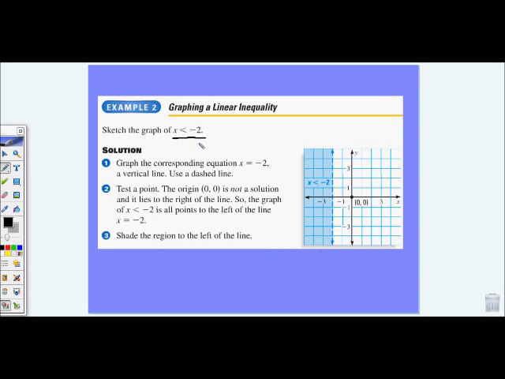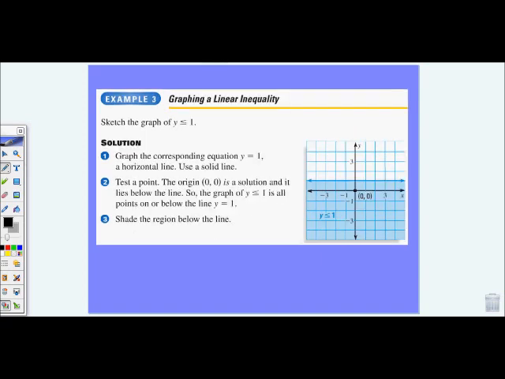Because it's a less than sign, and not less than or equal to, you'll see that we have a dotted line, and it is located at negative 2, as the answer is here, and then shaded to the left. Again, shading will match the inequality symbol if the variable is stated first. Again, you may wish to pause and read each of the steps to how to graph that inequality.